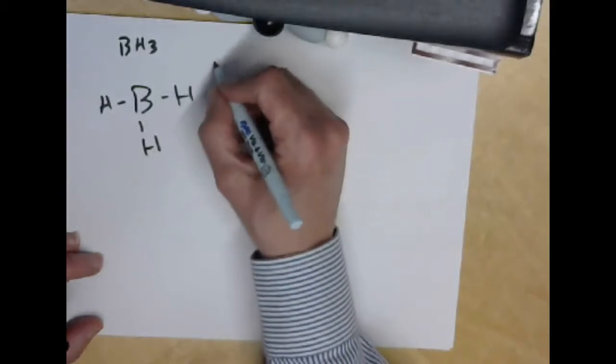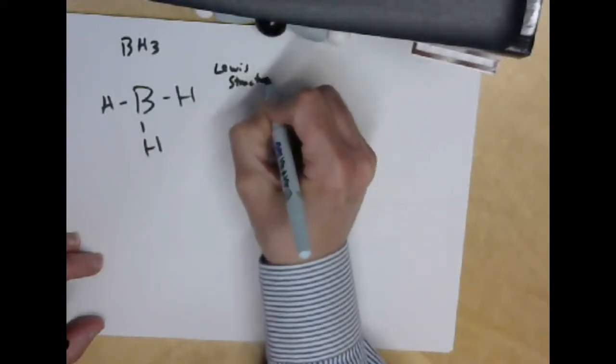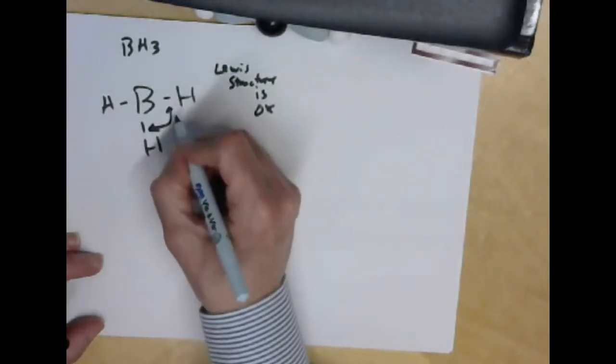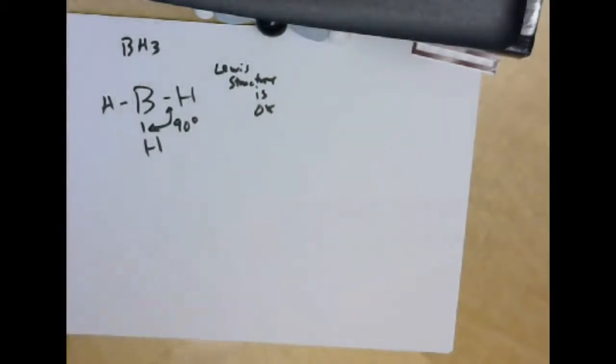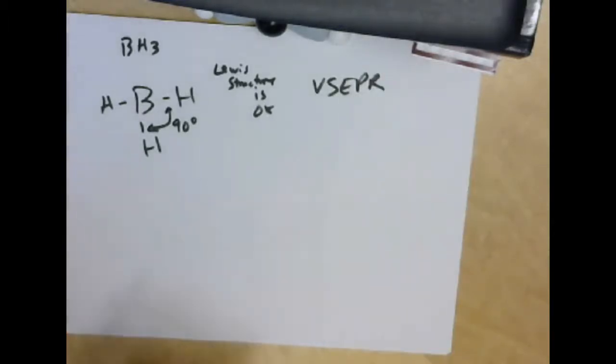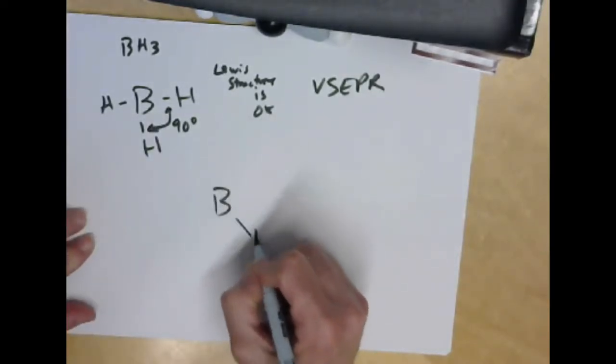And this is an OK Lewis structure. And to look at it, you might think that's a right angle. But valence shell electron pair repulsion theory, or valence shell electron domain repulsion theory, says we want to maximize the angles between them in order to minimize the repulsive forces.